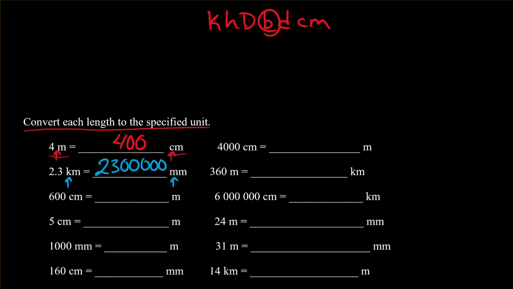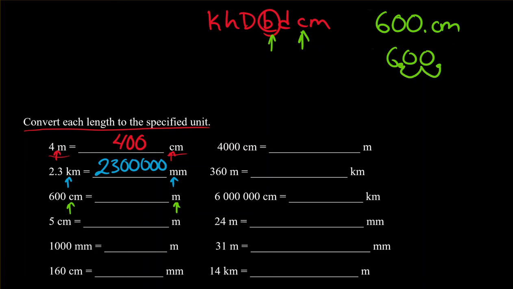Let's try another one. We want to go from centimeters to, well, there's no prefix in front of the M, so this has to be our base unit of meters. That looks like 1, 2, so 2 to the left. So for 600 centimeters, I'm going to move the decimal twice to the left.